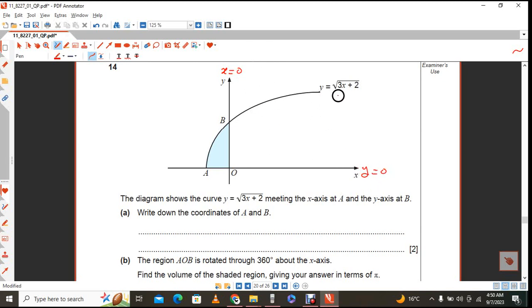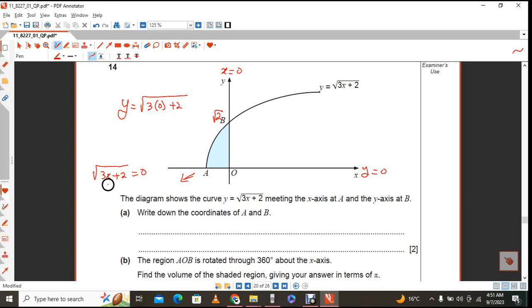So if we want to know where this cuts the y-axis, we make x equal to 0. So that means y equals the square root of 3 times 0 plus 2. Of course, that is just giving you the square root of 2. If you want to know this one here, we make y 0. So that will be the square root of 3x plus 2 is equal to 0.